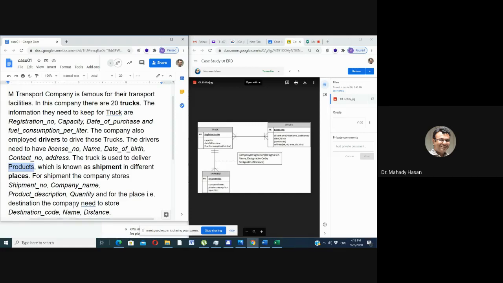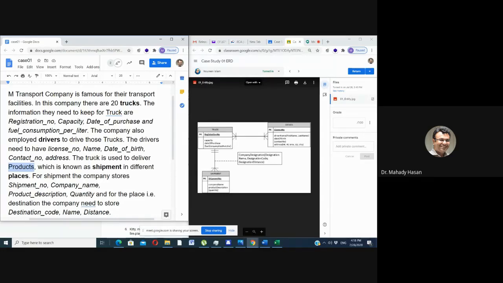But how about place? Where is place? Sir, can we treat place as a composite attribute? Where should I put it then? It mentioned each of those shipments are going to different places, right?